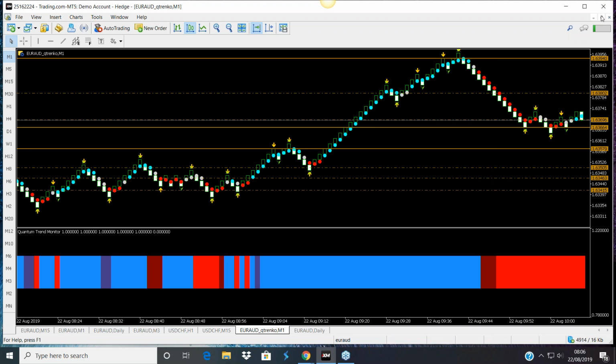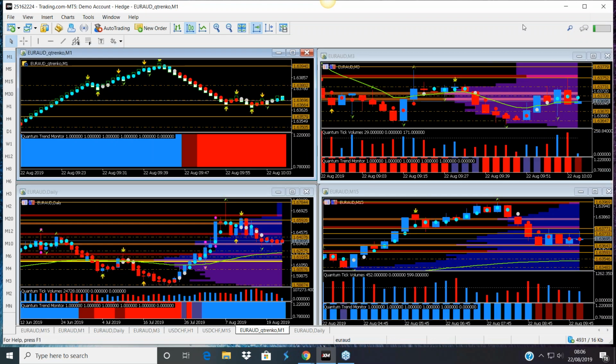So that's MT5. The advantage of MT5 is you obviously have a greater choice of time frames. I've kind of settled for myself. I've got the hour. I use the daily. Obviously, you look at the daily for broader context, but for the time that I'm going to be in any trade, it's the hour. I've found the 12, the 3 minute, and I've got the Renko as well, and obviously all the CSIs.